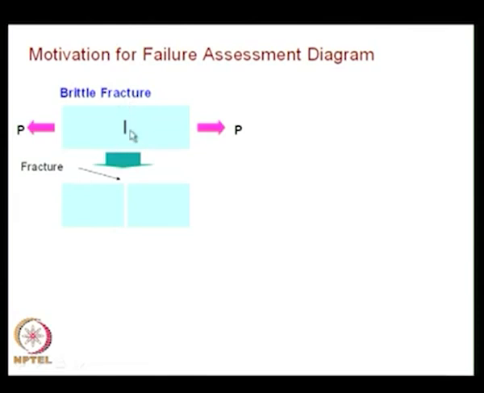If I have a mode 1 loading, that is how the crack propagates and that is what is shown. So, this is definitely a failure. So, when I have an actual component, I would like to ensure brittle fracture does not occur.